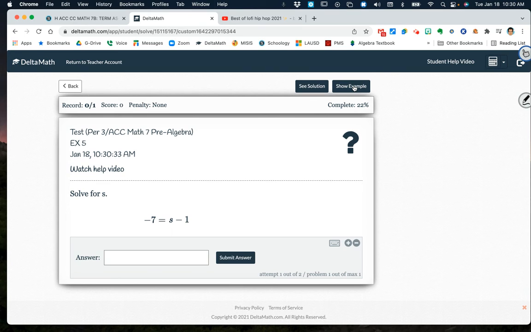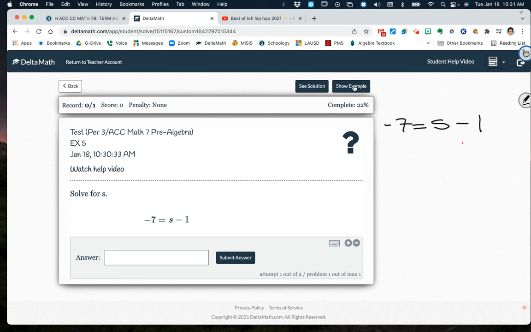All right, number 5. Write down the equation. Negative 7 equals s minus 1. I tried really hard to make my s not look like a 5. Okay, we want to isolate this variable. Which is plus 7.